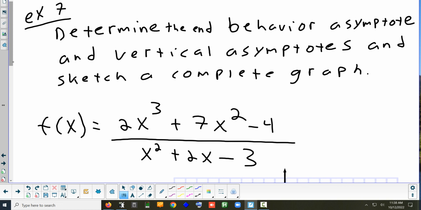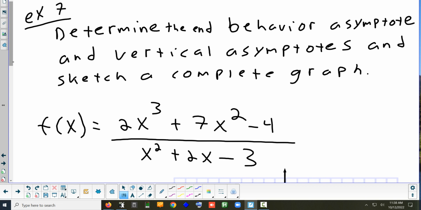Now this one's going to be a little easier than the last one because what's the degree in the top? 3. What's the degree in the bottom? How far apart are they? 1. So this EBA is going to be a degree 1. When you graph something that's degree 1, what does it look like? Linear. Just a line. But what kind of line? Is it vertical?